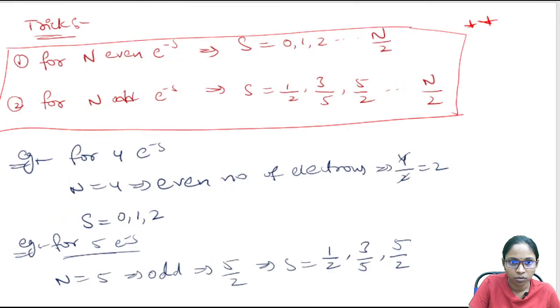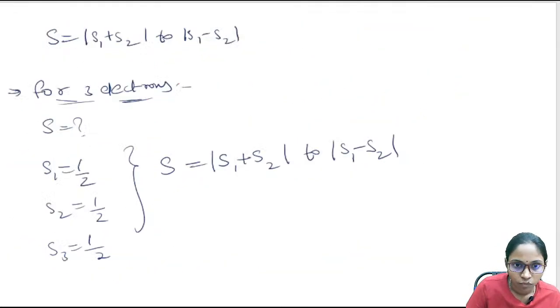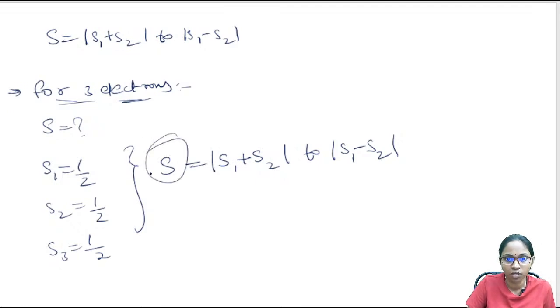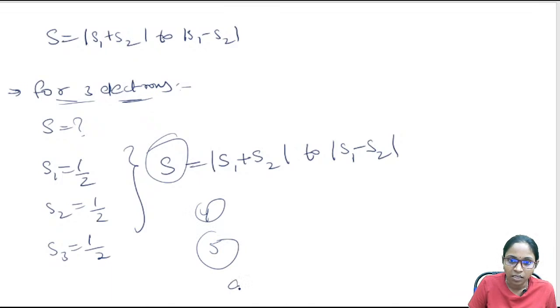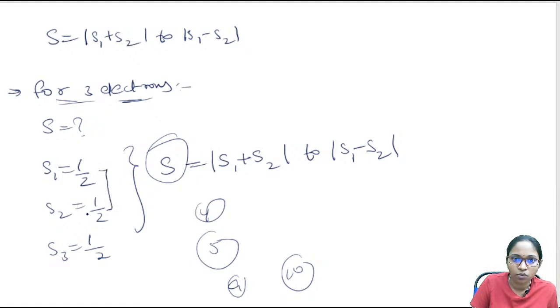Coming to our next topic, for 3 electrons you will be able to find out this capital S value. If we have 4 electrons, 5 electrons and 9, 10 electrons, how will you find out the capital S value? Initially you have to do the sum for the first 2 electrons, right?